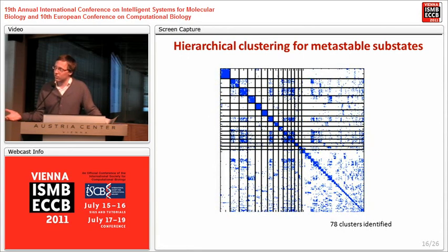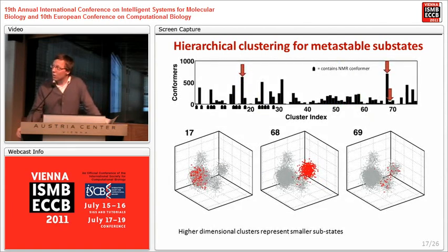Here's a look at the clusters after we sorted the previous cluster. And now I'm showing you the distribution of the memberships in each of these clusters. And the memberships of the NMR ensemble, which were not included in the analysis, but just for reference, are shown with the wedges along the x-axis.